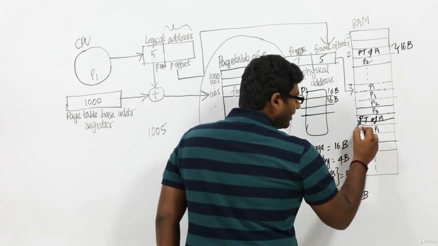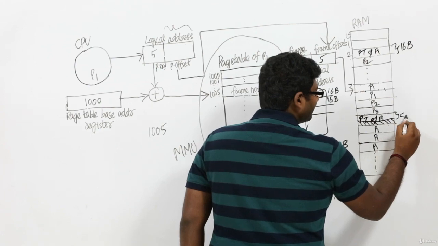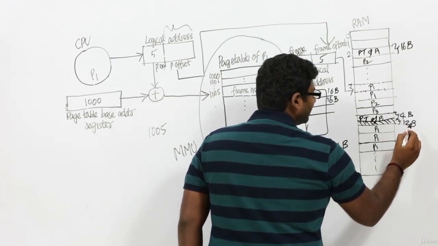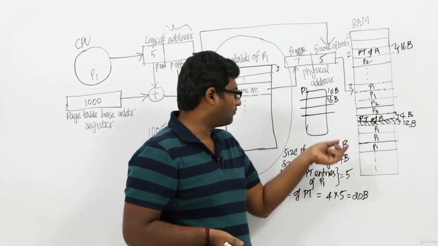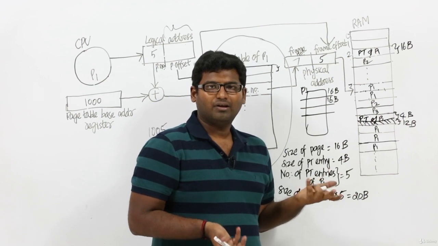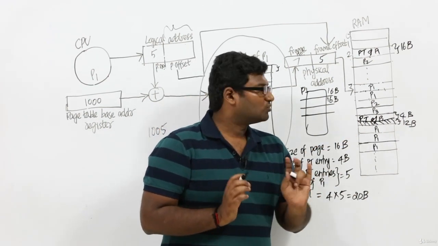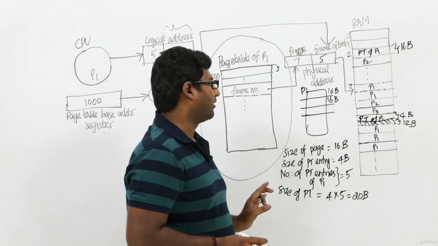Here we will have the remaining 12 bytes. This is 4 bytes and this is 12 bytes, right? This 12 bytes of space will be wasted. We can't do anything else, as long as this page is placed here. So clearly there is an internal fragmentation problem. So I have placed 16 bytes over here and 4 bytes over here.